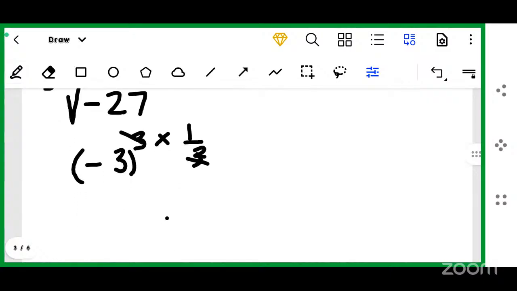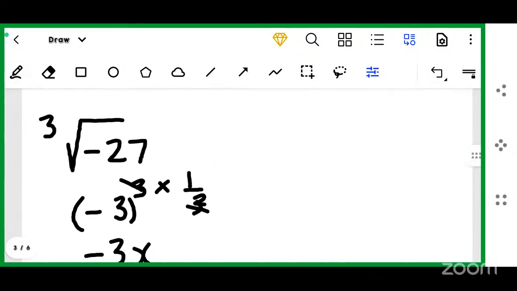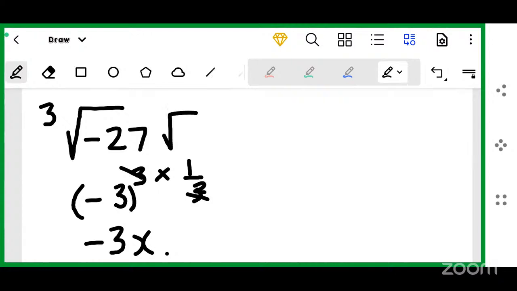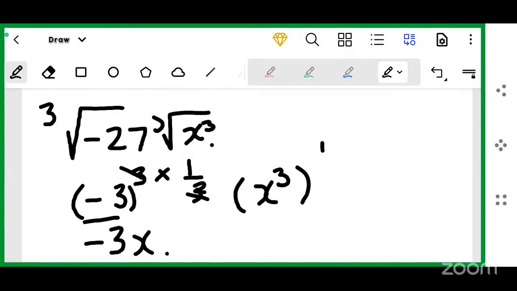Okay, negative 3x. Don't forget to also include the cube root of x to the power of 3, and you work this out with the x too. So you have bracket x to the power of 3, all to the power of 1 over 3. These two cancel, and then you get an x. I like it. You got it.